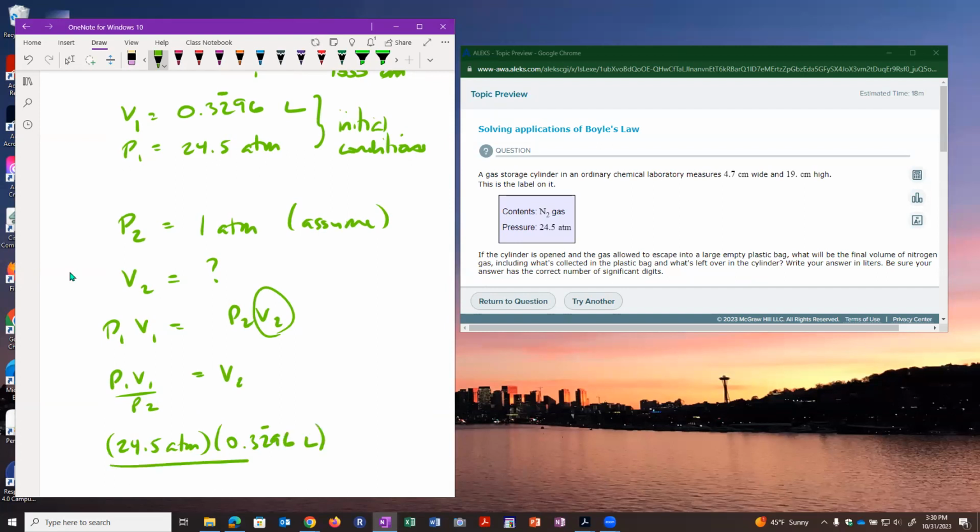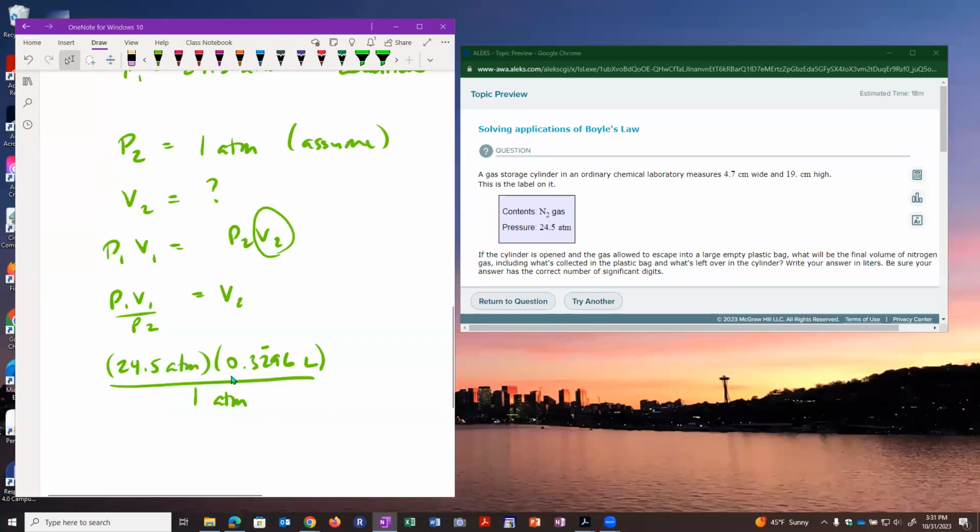So 2 sig figs to keep track of. And then our P2 was 1 atmosphere. I can solve this equation for V2.